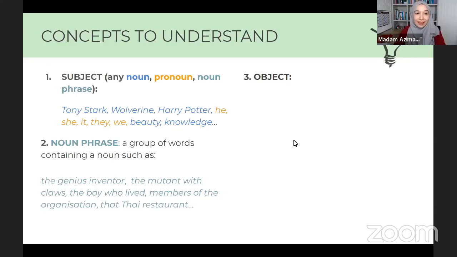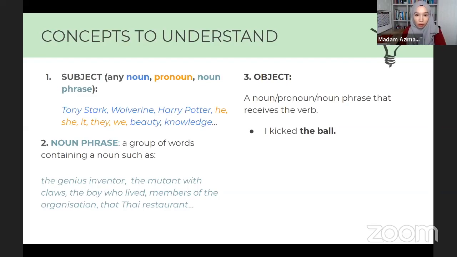Concept 3, object. What's an object? Actually, the same thing. It could be a noun, a pronoun, like I've taught you before, or a noun phrase. However, it receives the verb. For example, I kicked the ball. The ball is receiving the kicking. So the ball is a noun phrase and it functions as an object.